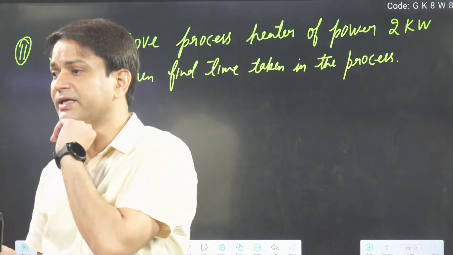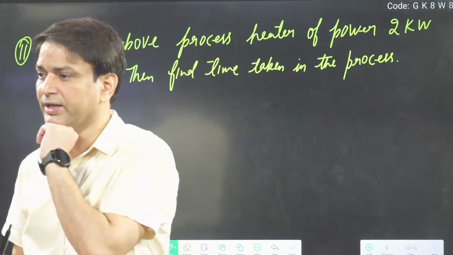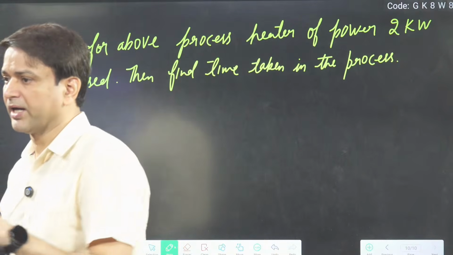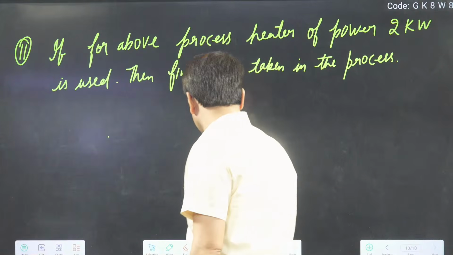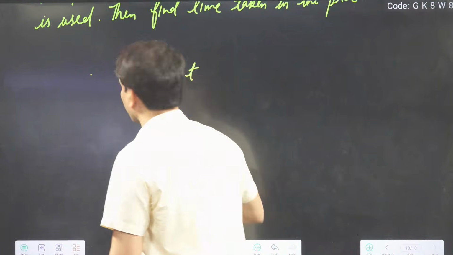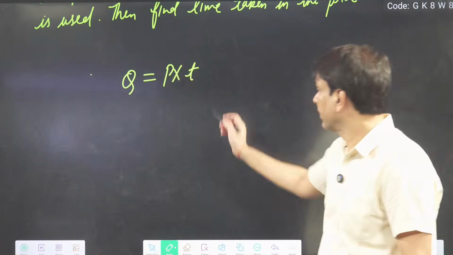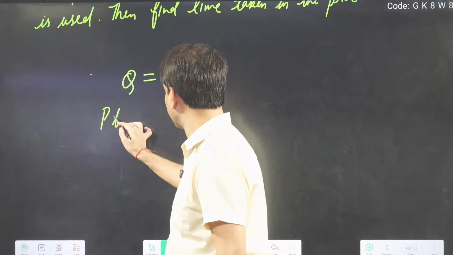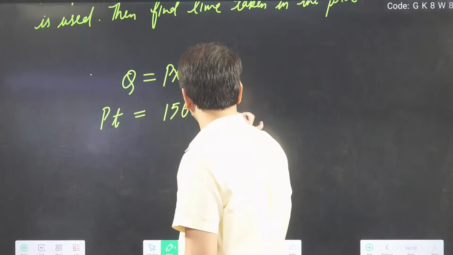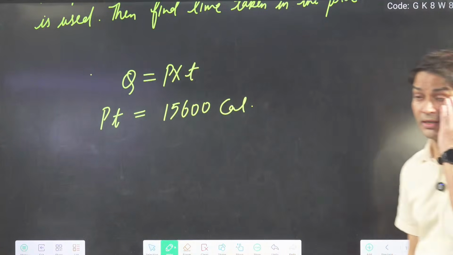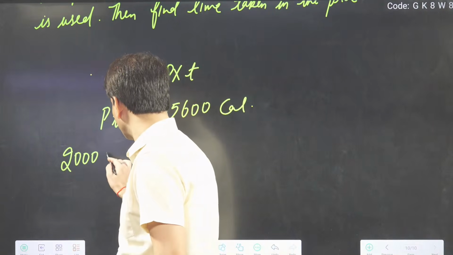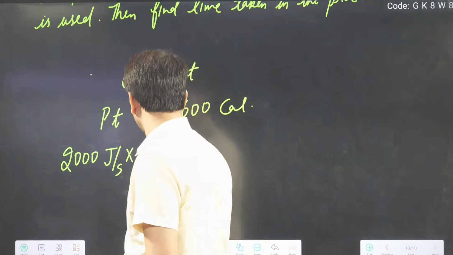We know that energy can be written as power into time. So heat Q is equal to power into time. What is the total heat required? 15600 calorie. Power I can write as 2000 joule per second into time.